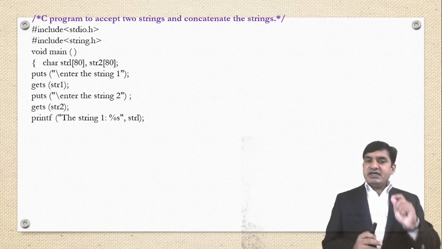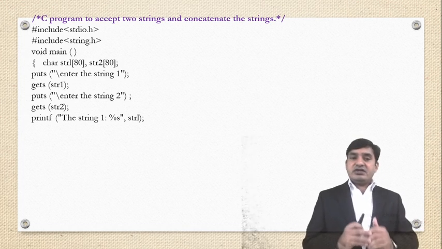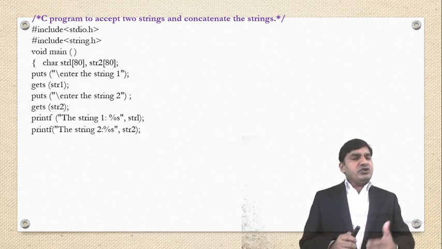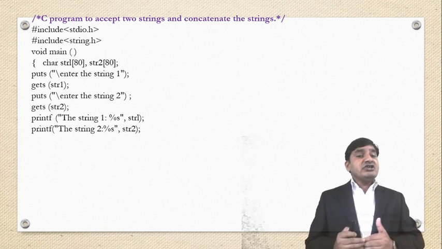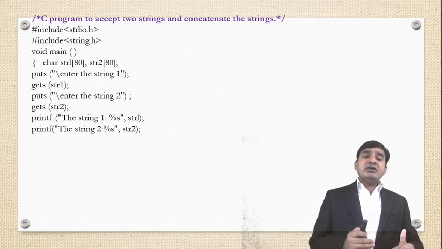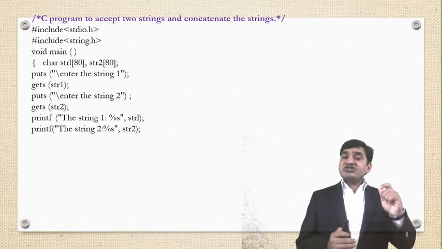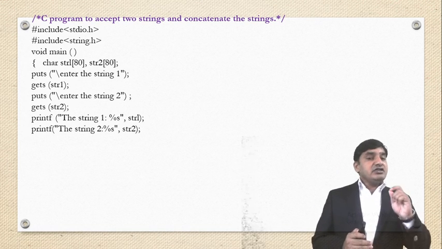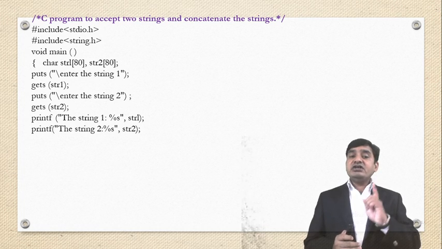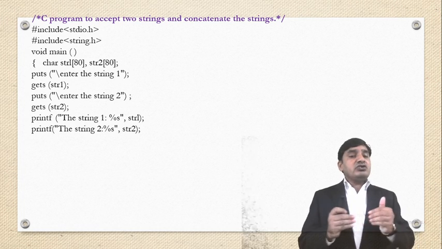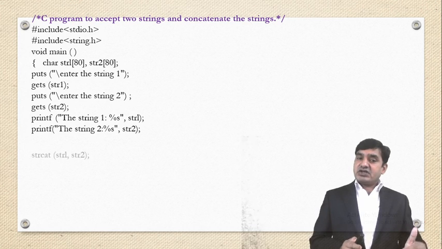Percentage %s means it is a string. Now we use a second printf function which is used to display the string 2, which is entered by using gets str2 function. The string 2 is percentage %s and then str2. Now string 2 is displayed on a screen.